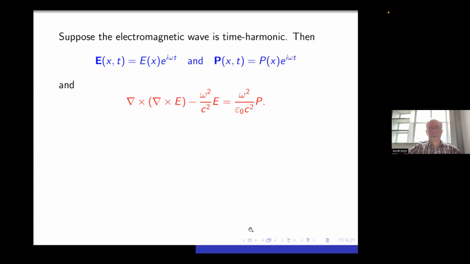Now let us also suppose that the electromagnetic wave is time harmonic with a single frequency omega, and we insert E(x,t) equal to E(x) e to the power i omega t, and the same thing for P(x), for the polarization. Then what we get is this equation.